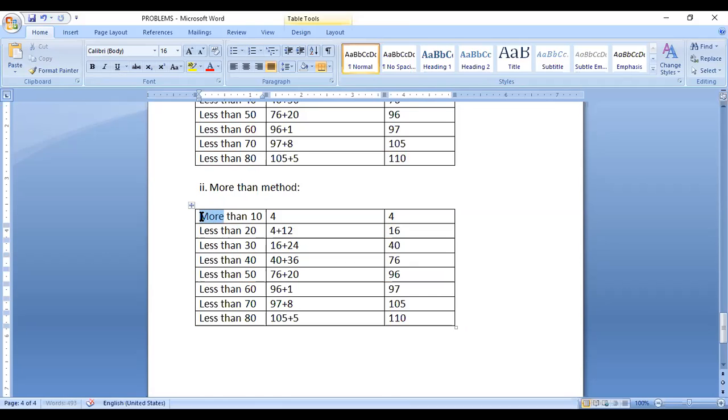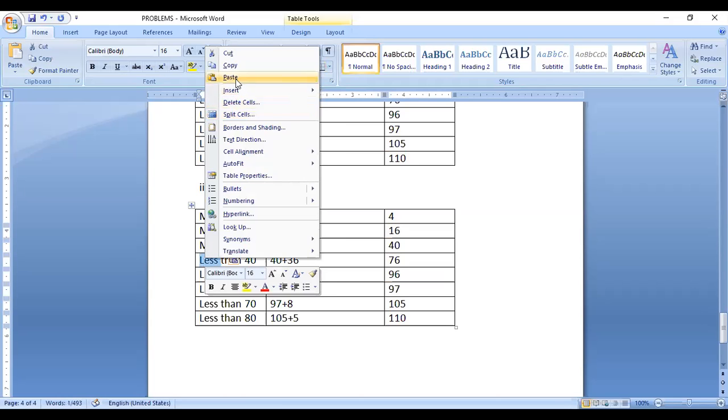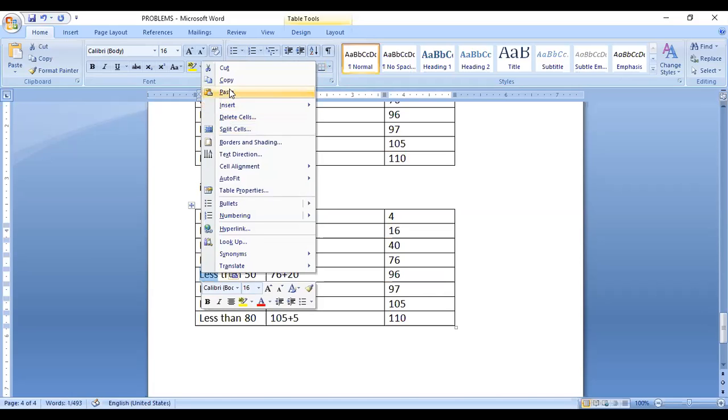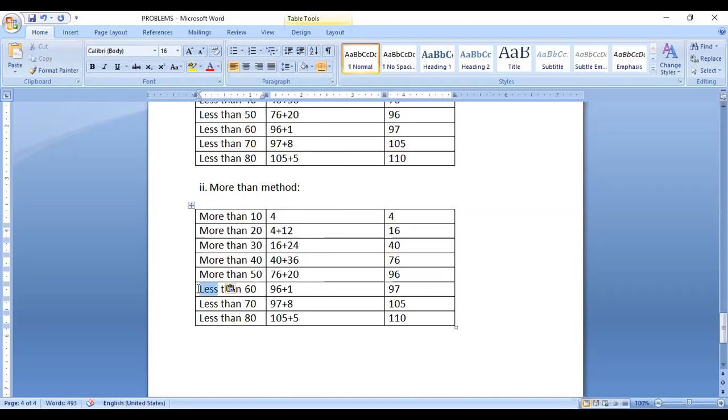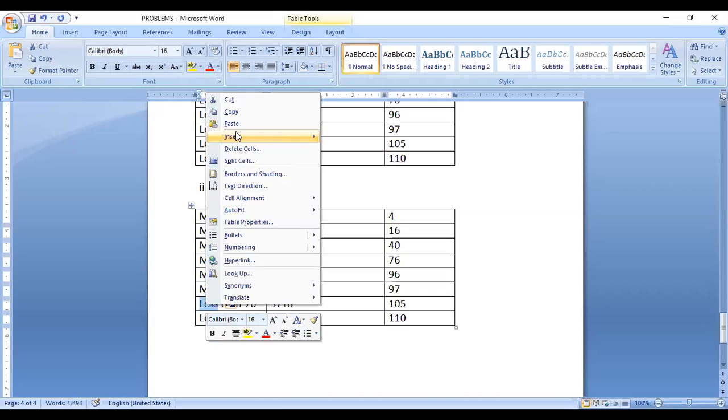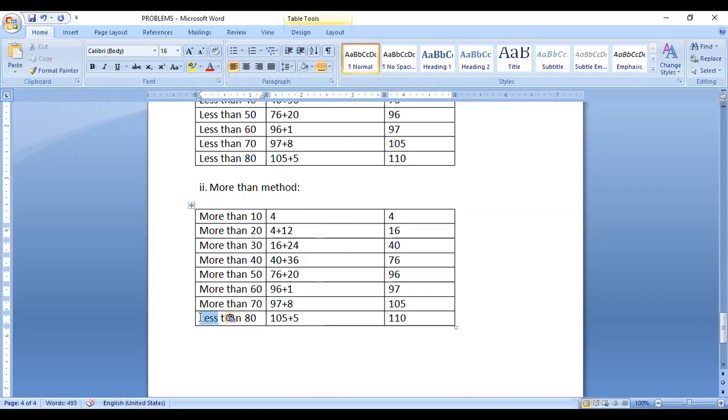So this more, and just copy. So now here, what you have to do is the more than method.